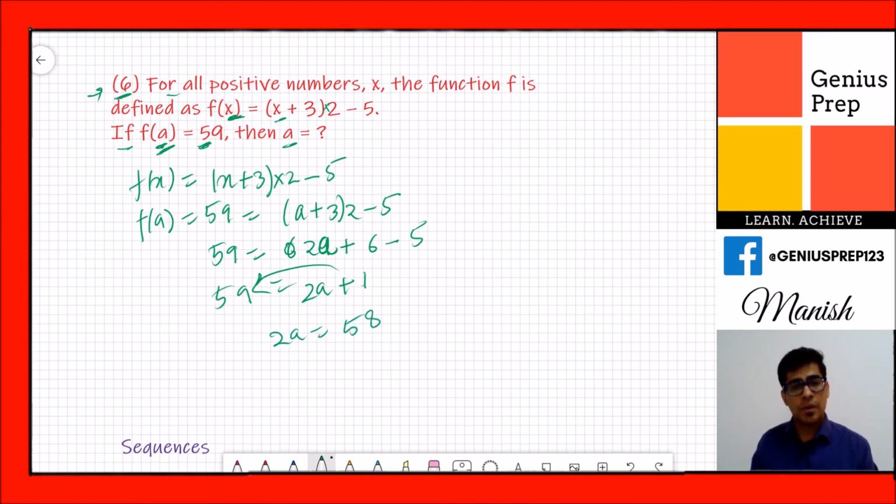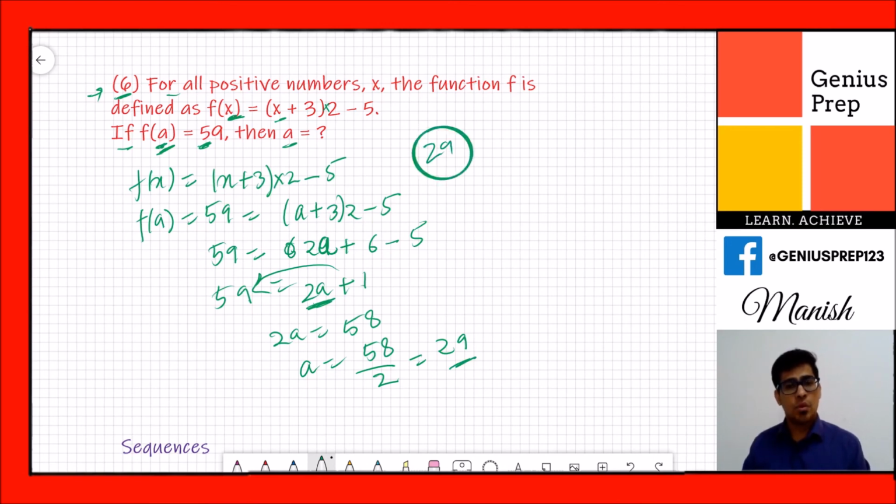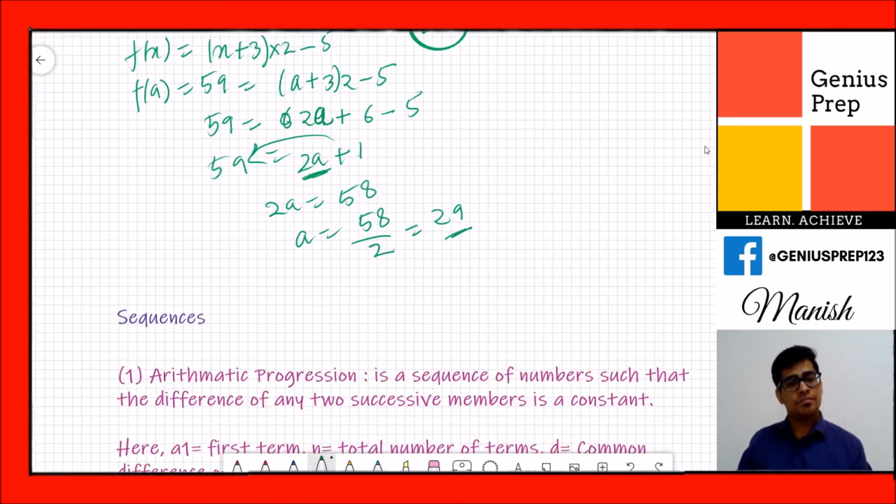We just subtract 1 from both sides because now we want to isolate a. So a is 58 divided by 2, which is 29. So the value of a is 29. Not a big deal. It's just a simple question, and we are just putting the value of the variable in the equation.